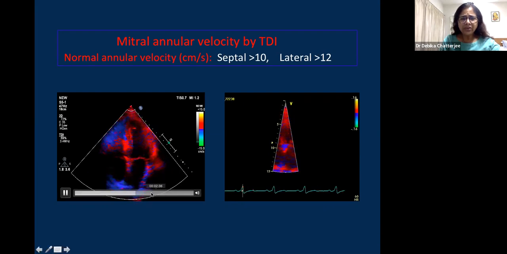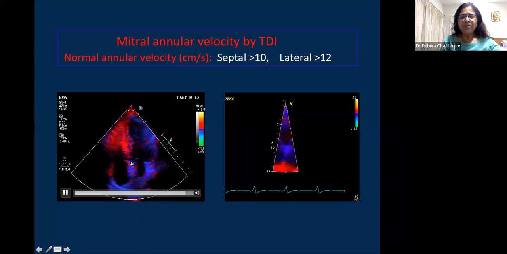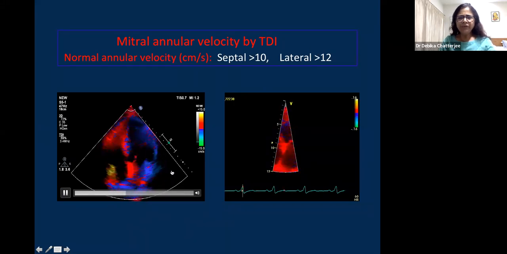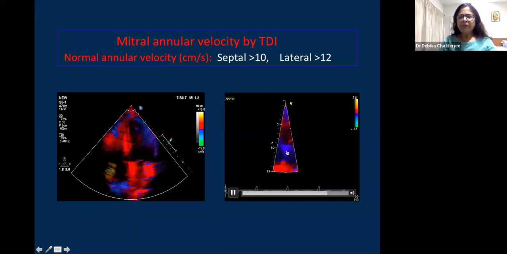In assessment of diastolic dysfunction, we measure the velocity of the mitral annulus. First the septal annulus, then the lateral annulus. So how do we do it? We switch on the tissue Doppler imaging in the apical four-chamber view, and then we reduce the width of the sector to increase the frame rate.